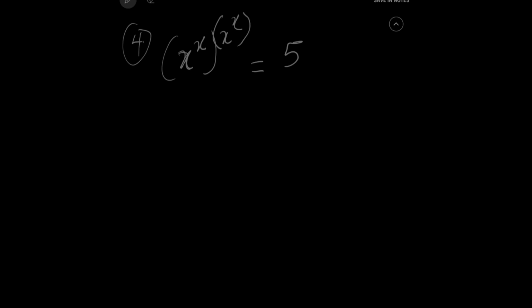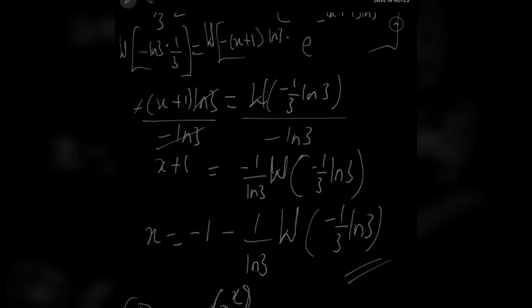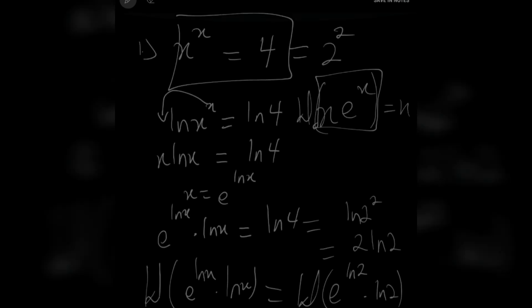I mean, pause the video and try this question out. So in order to make this one very simple, we have x power x multiply another x, raised to the power another x power x. So we are going to represent x power x with an a, so we get this equals 5, and we've already solved the question in that form. I mean, that was our first question.